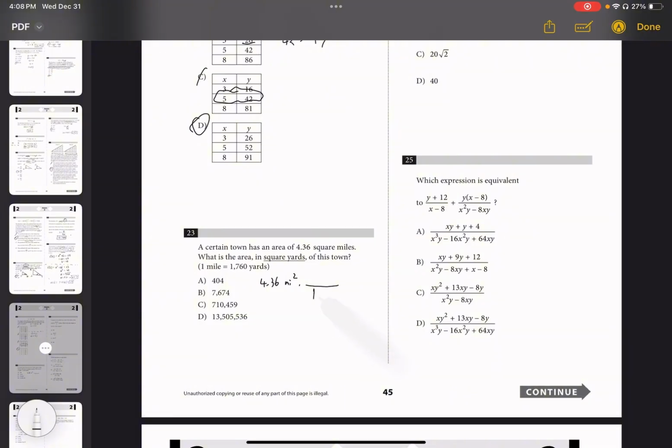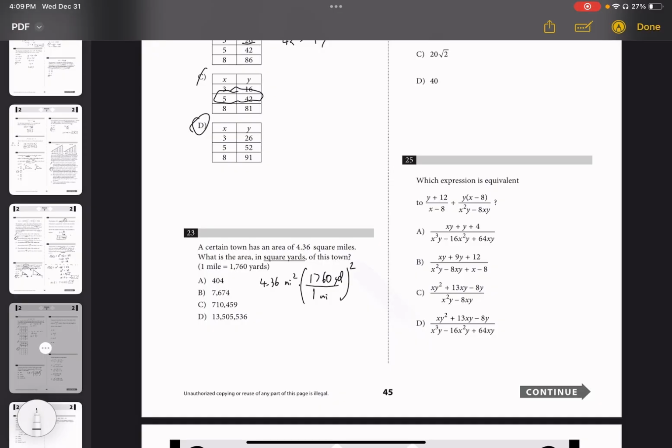So we know that in every 1 mile, we have 1,760 yards. But we need to square both the top and bottom to get our units, because we have to square the actual value itself instead of just the unit.